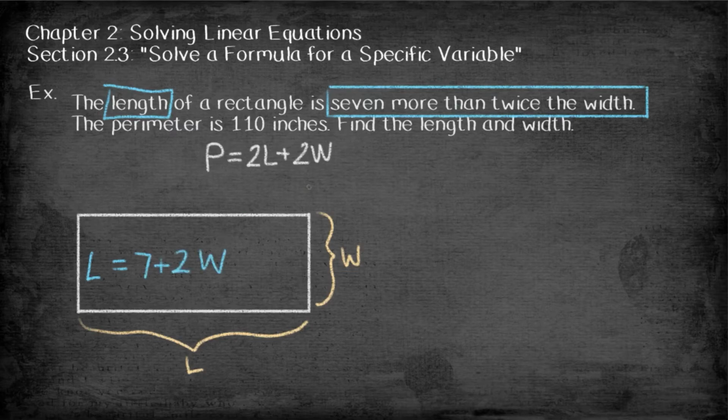Now what we can do is solve for W in the perimeter formula. We take this expression for L that we have, 7 plus 2W, and replace L in the formula. We're also going to use our last piece of information, that the perimeter is 110 inches to start with.